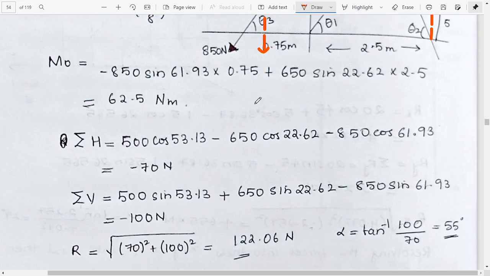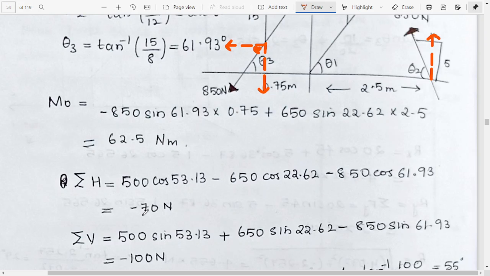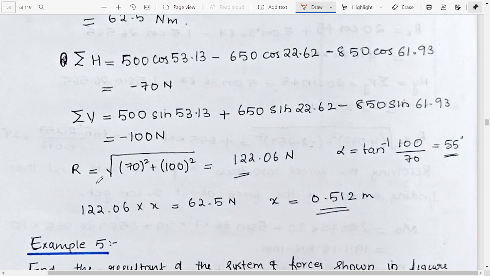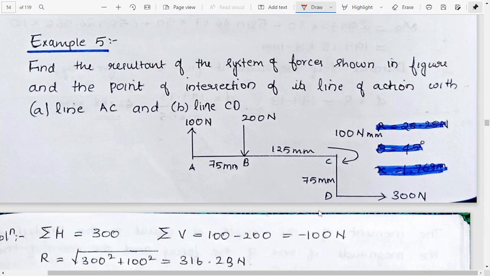Actually we don't need that length because it is not needed. We are doing summation of H here and summation of V here, and we'll get R is equal to this, alpha is equal to this. Then we can find the value of x also.